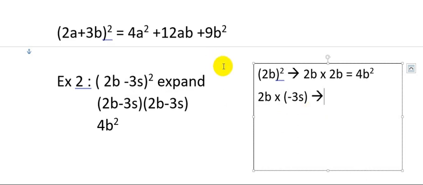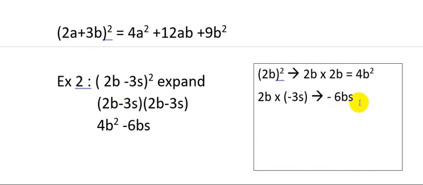So plus 2b, plus into minus is minus, 2b multiplied by 3s is 6bs. So that is the second term or the middle term, minus 6bs.